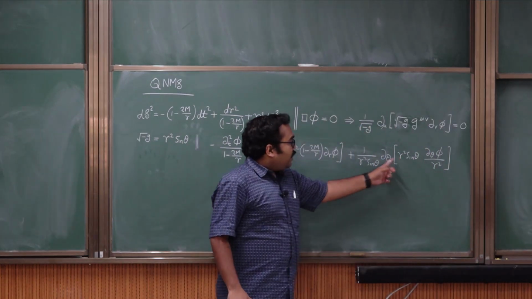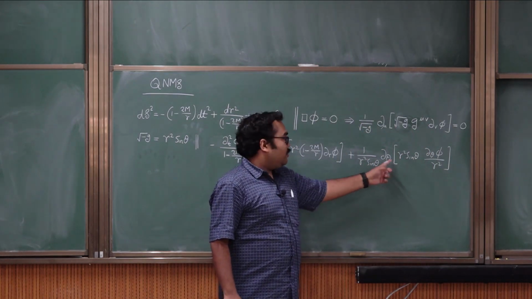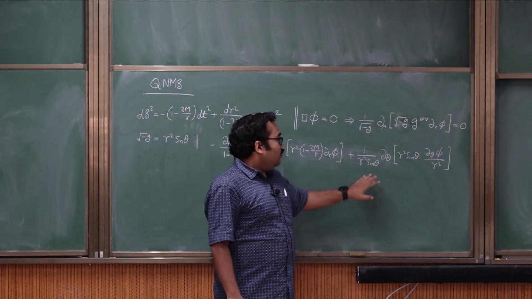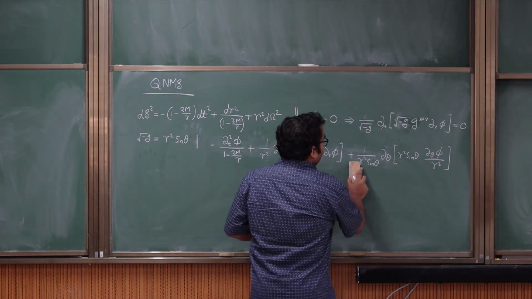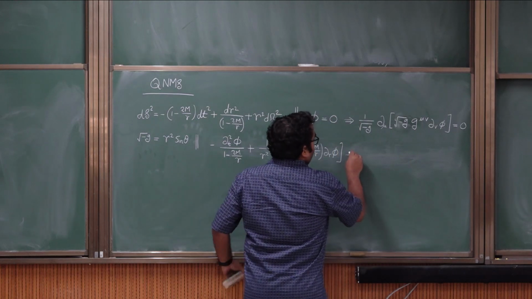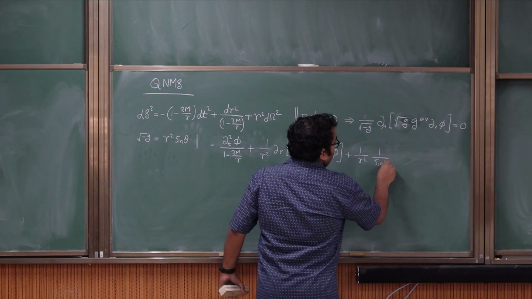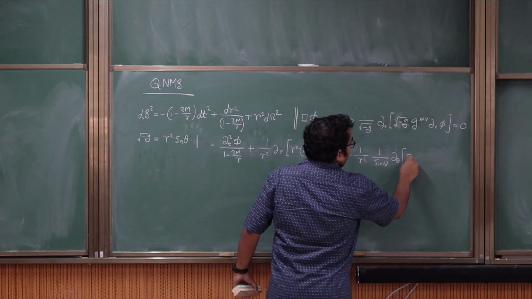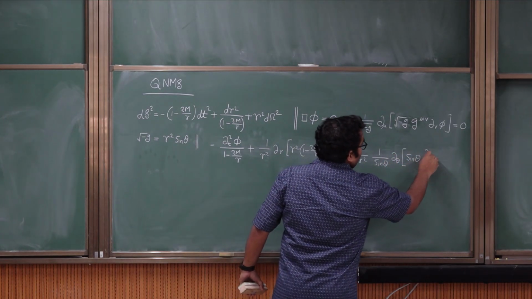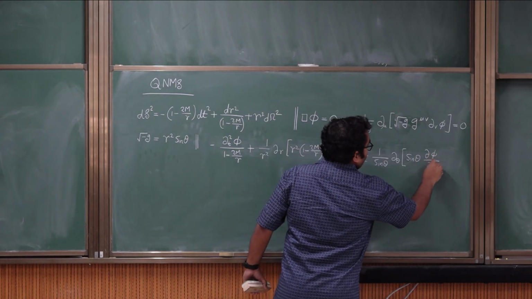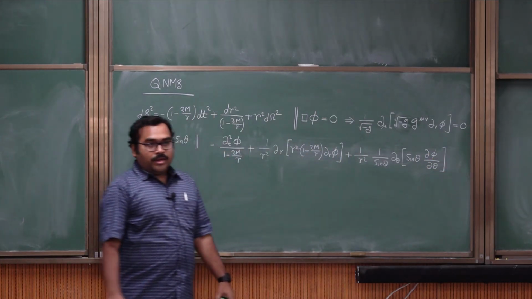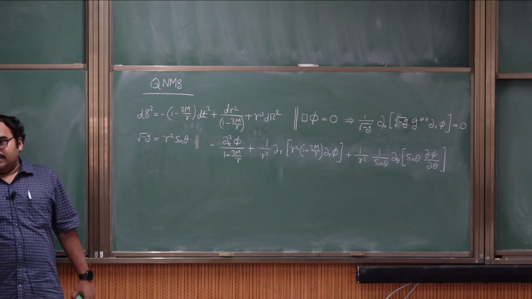Again r square I can take outside, because del theta of r is 0. So I will have rewritten this as 1 by r square, 1 by sine theta, del theta of sine theta del phi del theta. Correct? This comes from the theta.